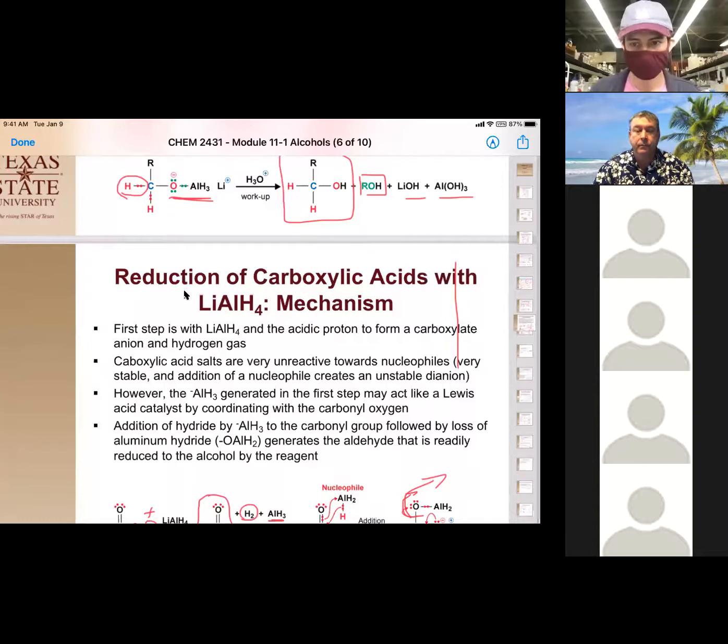Where could we go to get more examples of these? Okay, there are a lot more examples in the book, on Top Hat, and in the homework. In addition to that, there's a big table online somewhere. Just look up reduction of carbonyls with hydrides, and there's this big table.